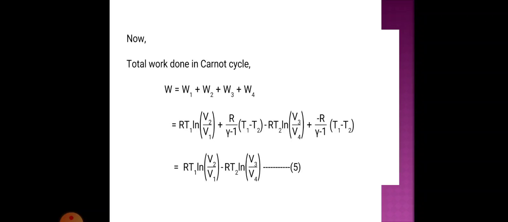That is equal to R T1 log V2 by V1 plus R by gamma minus 1 into T1 minus T2 minus R T2 log V3 by V4 minus R by gamma minus 1 into T1 minus T2. So the second term and the fourth term will be cancelled. The remaining terms, the net work done in a Carnot cycle will be RT1 log V2 by V1 minus RT2 log V3 by V4.